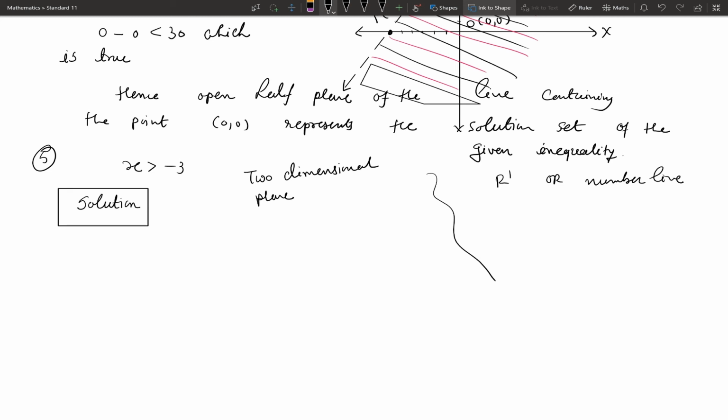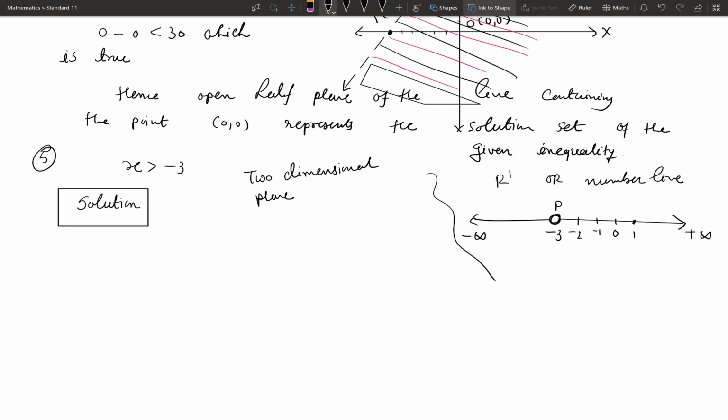On the number line we know this is -3, -2, -1, 0, 1, this side plus infinity, this is minus infinity. We denote this point by P.